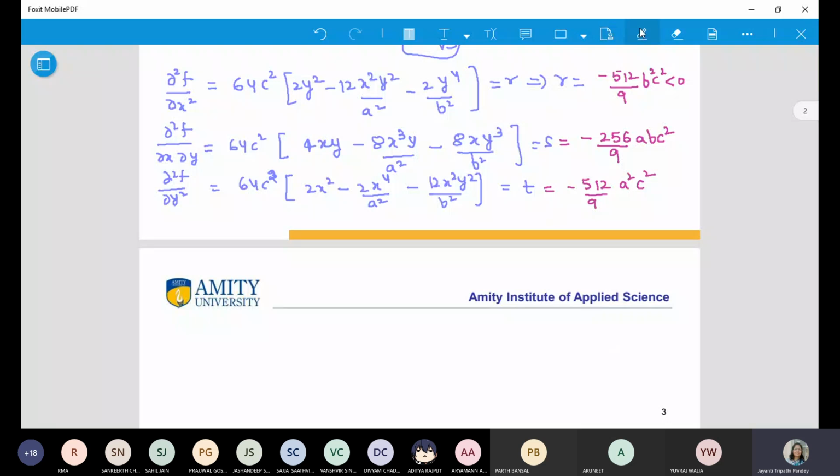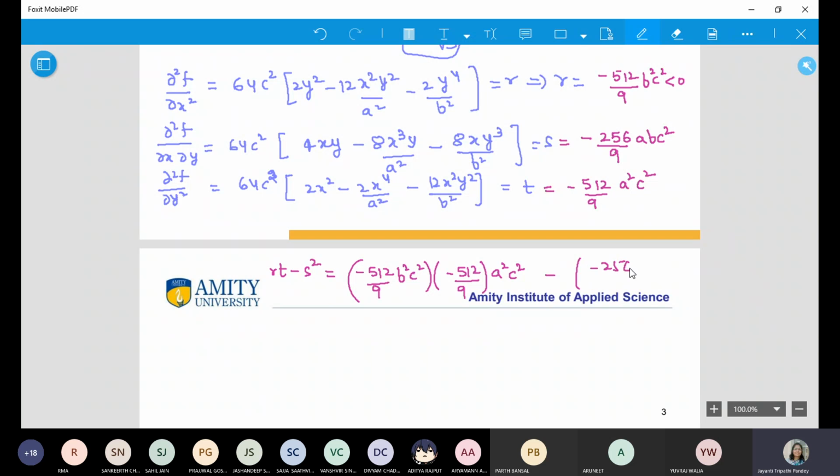Now let me check for rt minus s square. So 512 is double of 256, right?